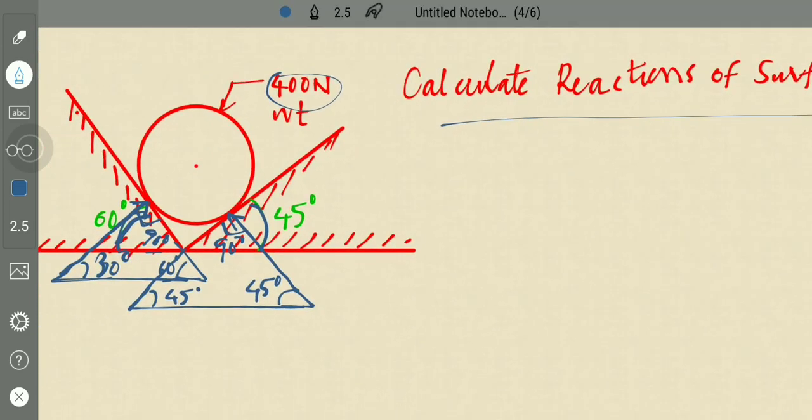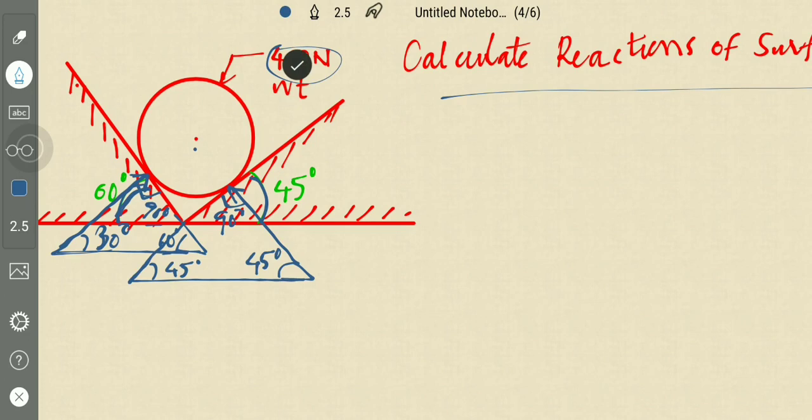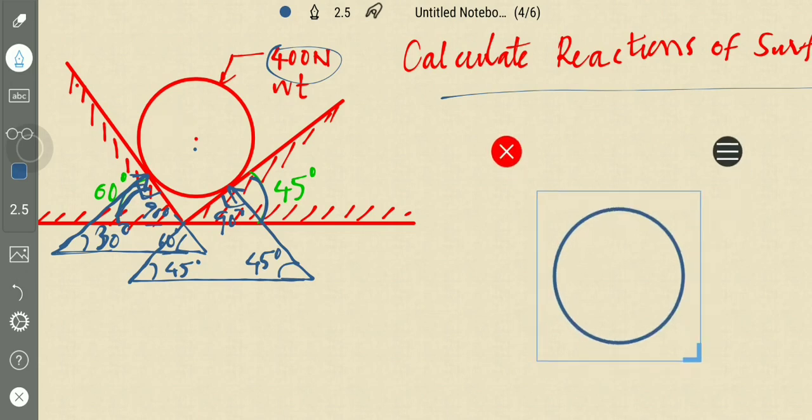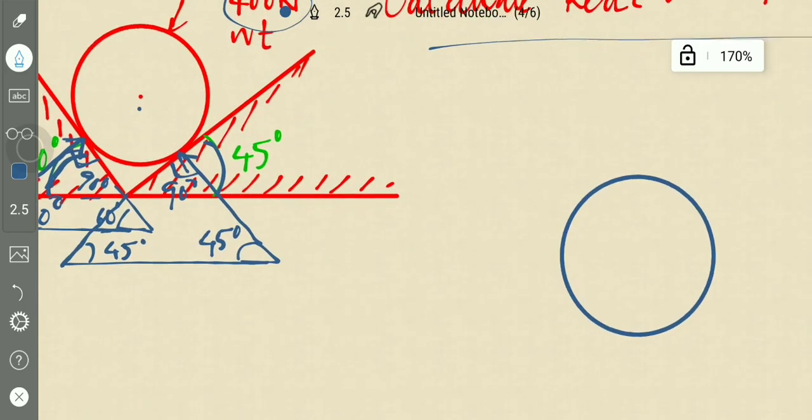And now let us draw the free body diagram of this ball. How will it be? This is the ball, and what are the forces acting on it? One is weight, and the reactions.